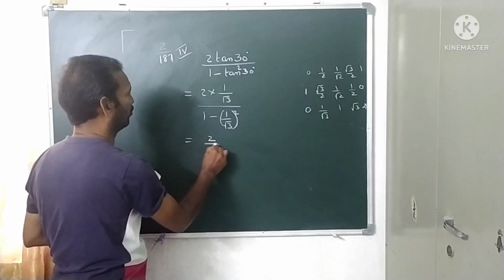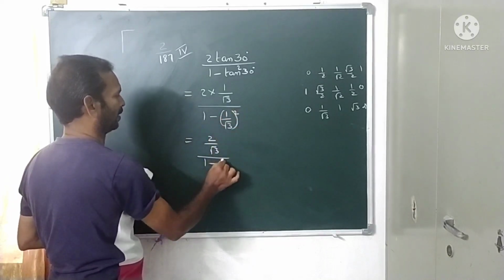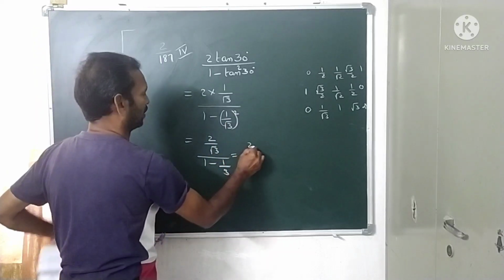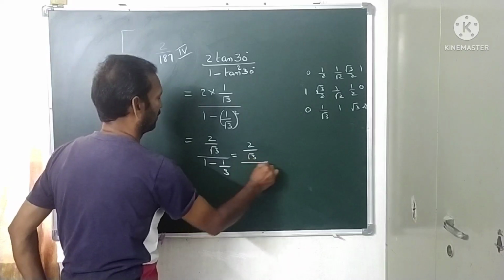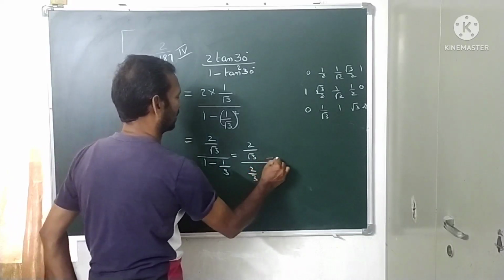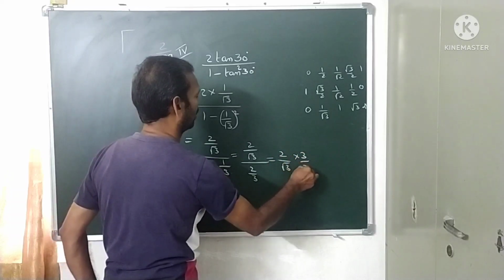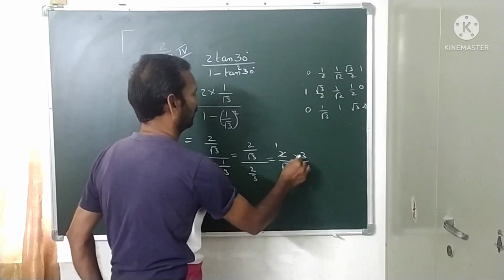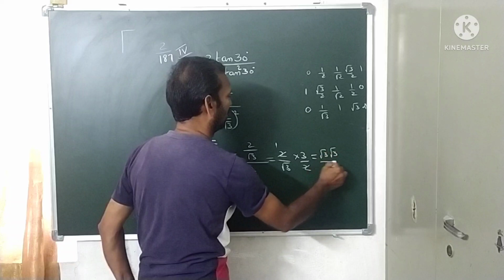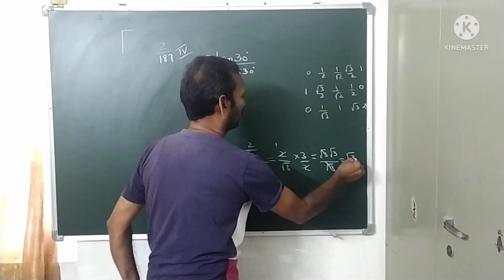Numerator 2 by root 3. 1 minus 1 by root 3 square, that is 1 minus 1 by 3, that is 3 minus 1 by 3, 2 by 3. That is equal to 2 by root 3 into 3 by 2. 2 cancels, one here. 3 means root 3 into root 3 by root 3, root 3 cancels, root 3.